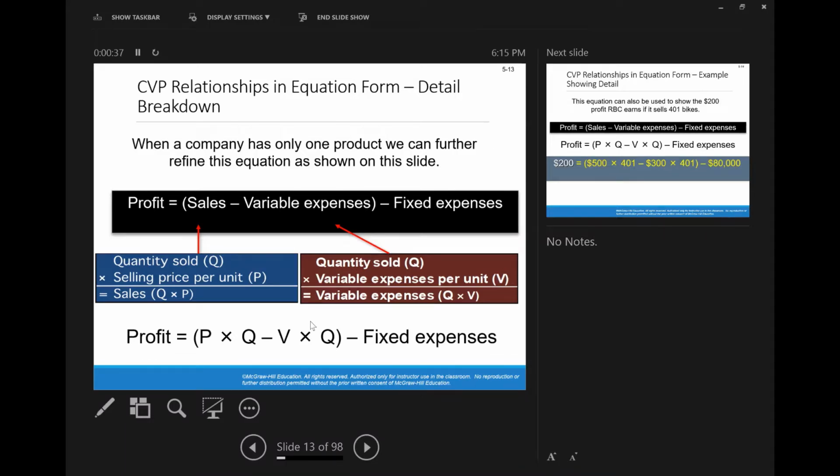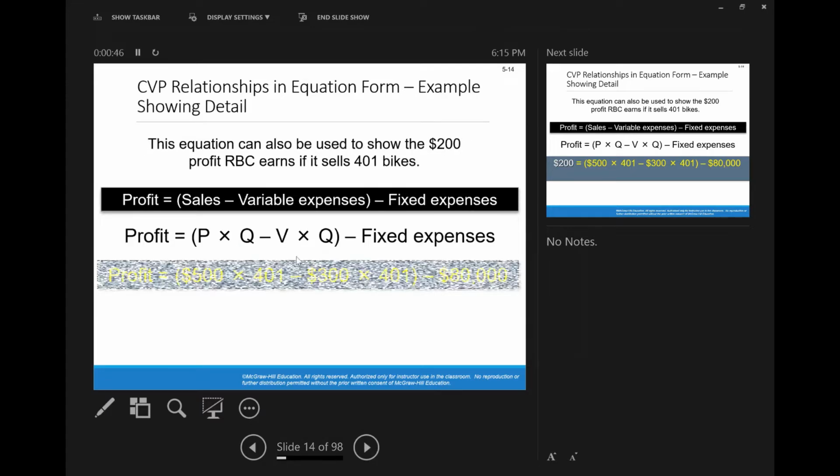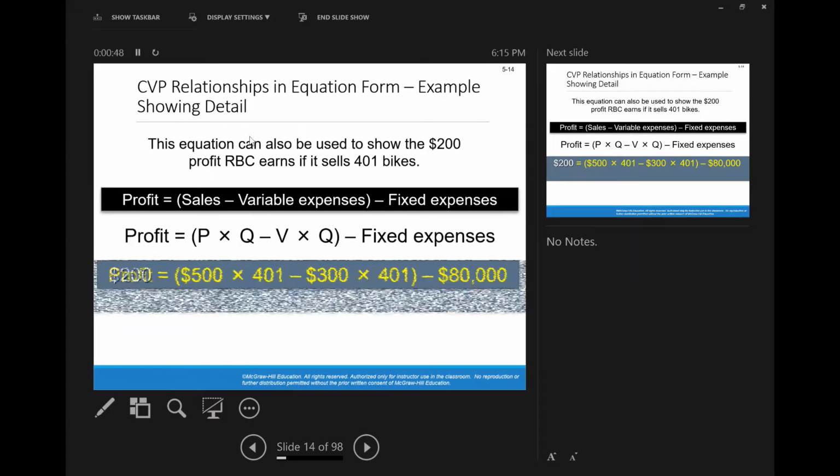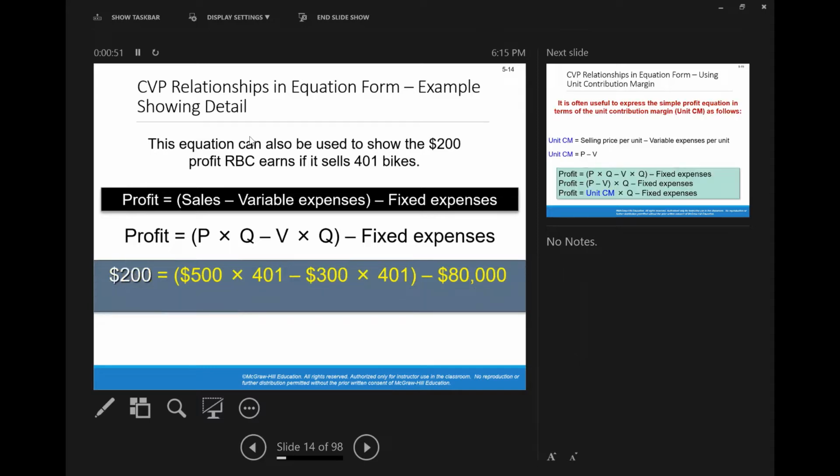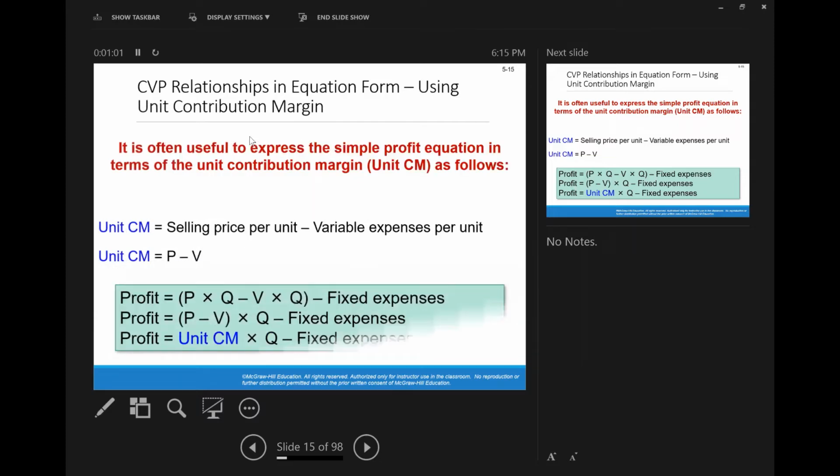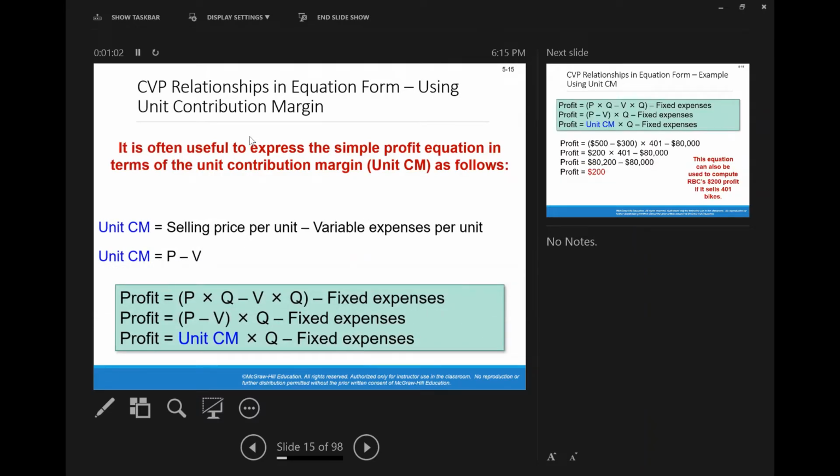So they're telling you different ways. So when you have your homework, depending on how they give you the numbers, you may need it to look a little different. So maybe these slides will help if you need a reference back to them when you're doing the homework problem. Okay, so then we have the numbers plugged in. So we have the 500 times the 401 minus 300 times the 401 minus 80. This is another recap of what we just did.